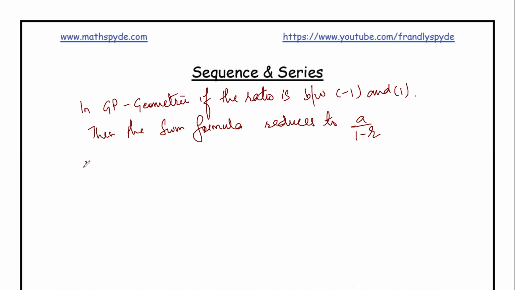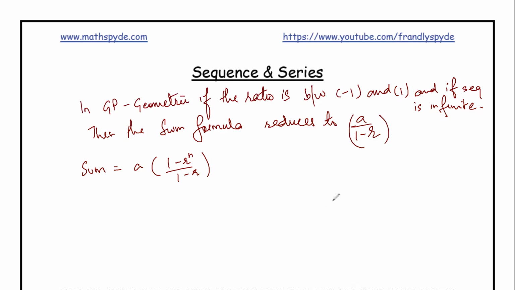How? The sum formula is a into 1 minus r raised to n upon 1 minus r. In geometric progression, when the ratio is between -1 and 1, and the sequence is infinite, the formula reduces to a upon 1 minus r.